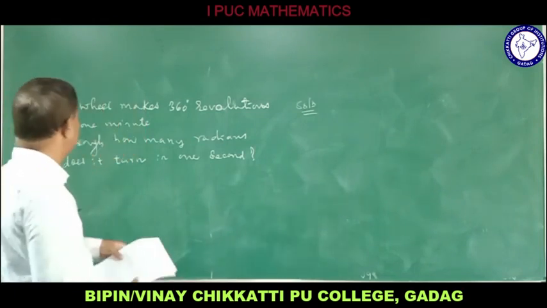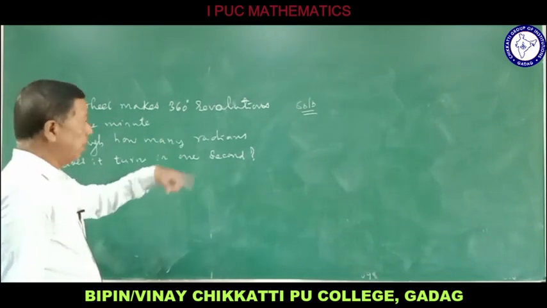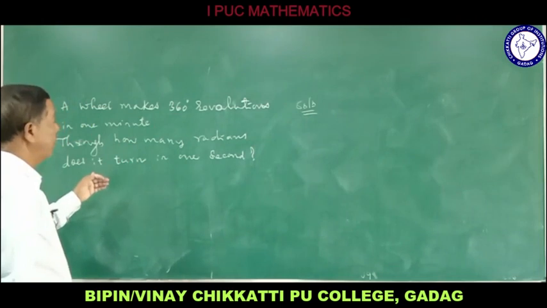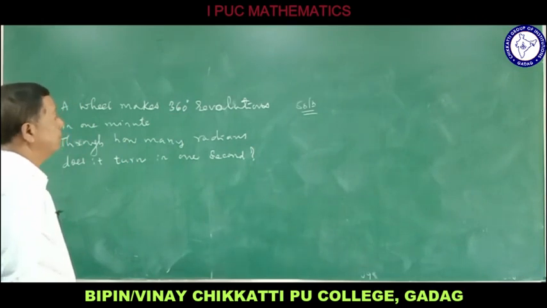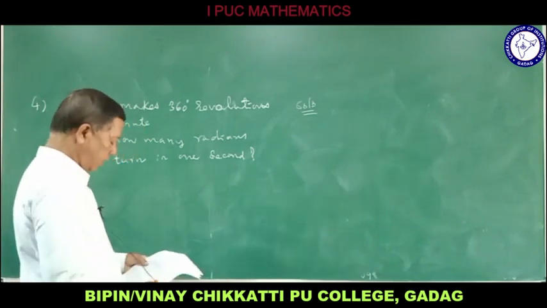Once again I tell you that a wheel makes 360 revolutions, complete rounds, in 1 minute. But first we have to calculate how many revolutions it makes, and that is to be calculated. It is a simple way that you know.